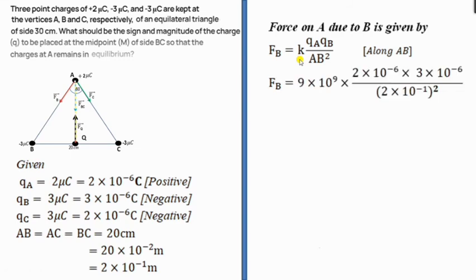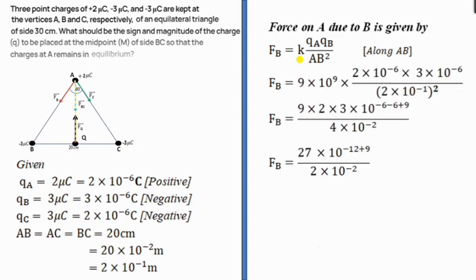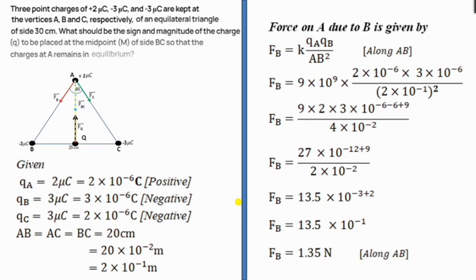If you put the values, micro means 10 to the power minus 6 and centi means 10 to the power minus 2. So you will get 1.35 Newton along AB, so it is coming in this direction.